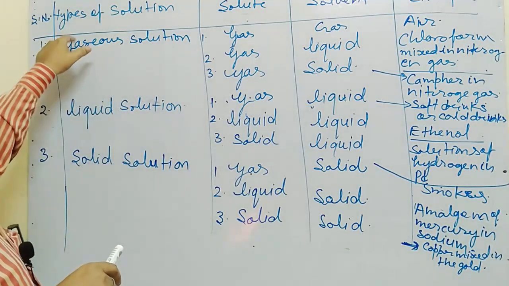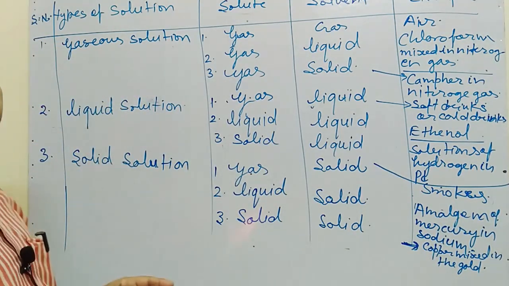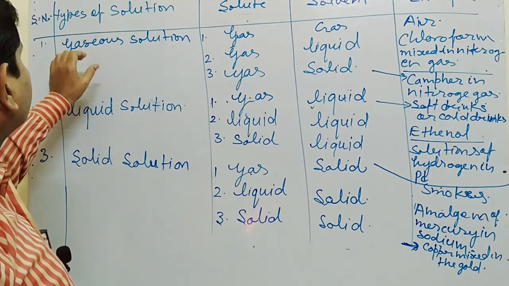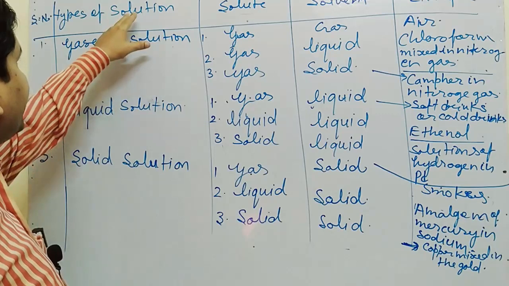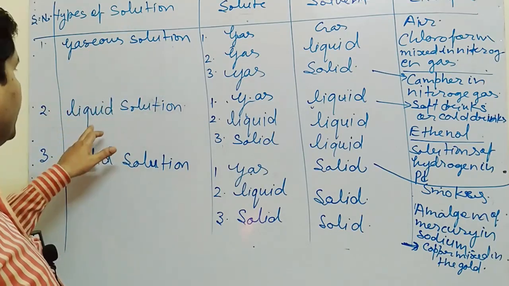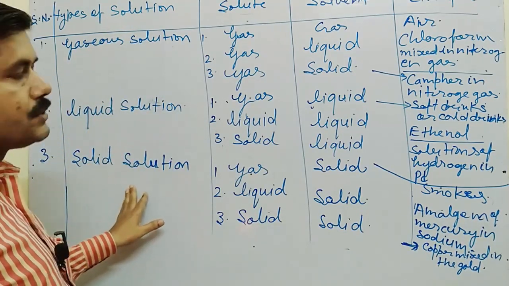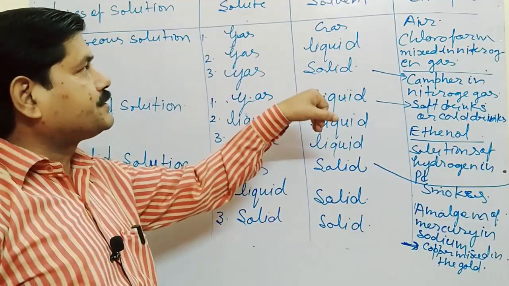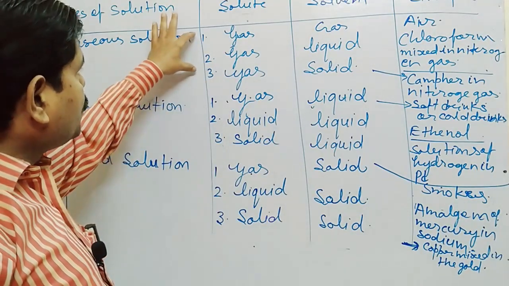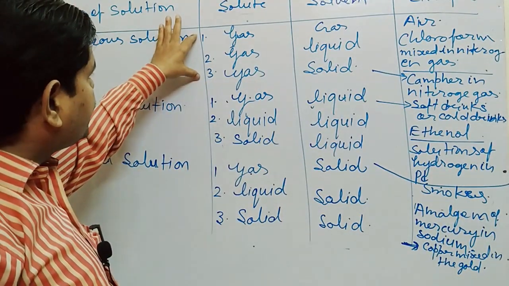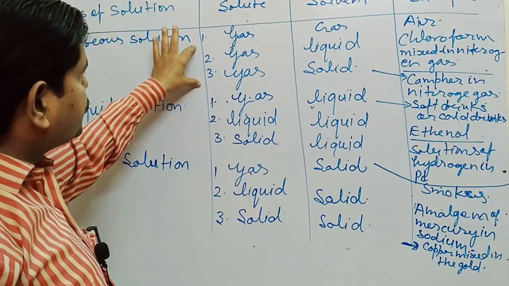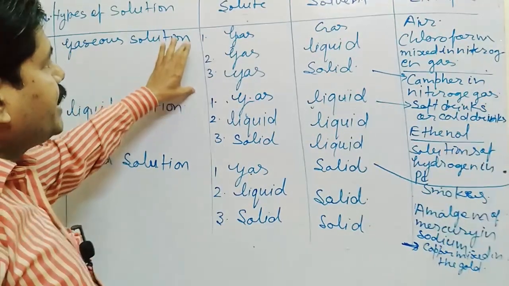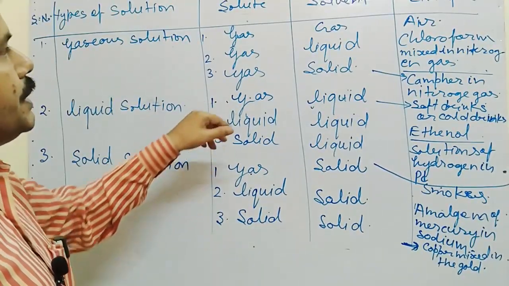Here you can see solutions based on the states of substances. Solutions are divided into three types: gaseous solutions, liquid solutions and solid solutions. On the basis of solute and solvent, each is divided into three subdivisions, so there are 9 types of solutions.